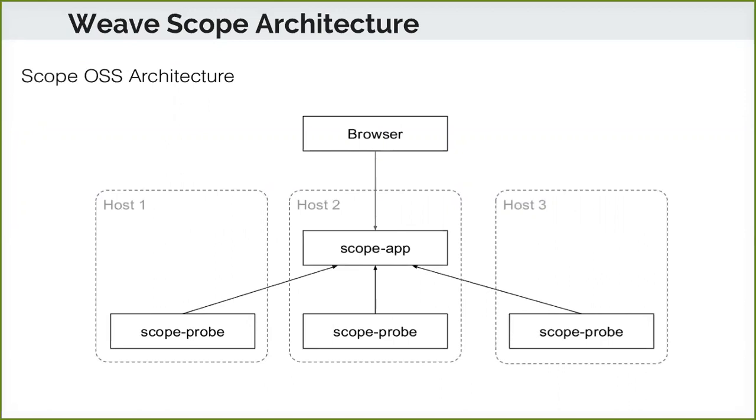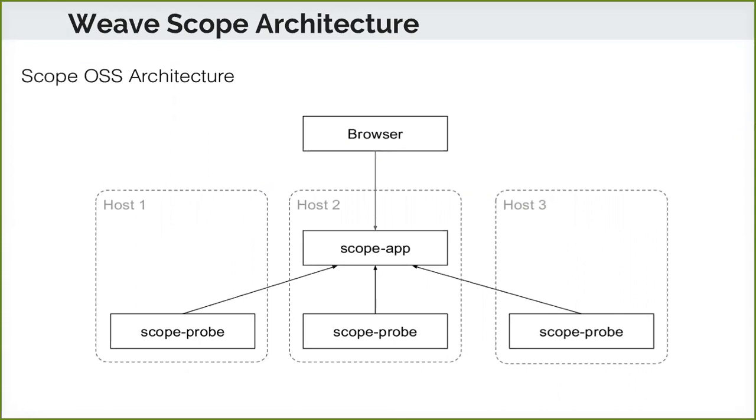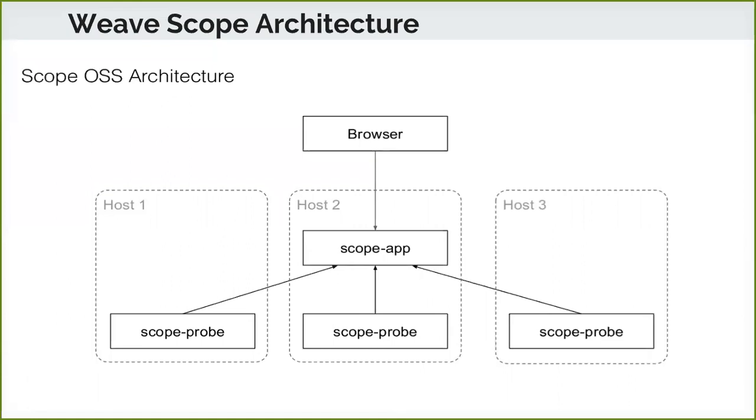Now I have the WeaveScope architecture here in front of me. WeaveScope is majorly defined by two components. One is a probe and one is the application. The probe runs on each node as a daemon set, and the probe will keep on sending the data to the application. That application has a UI plus some rendering code which will render the output on the browser.